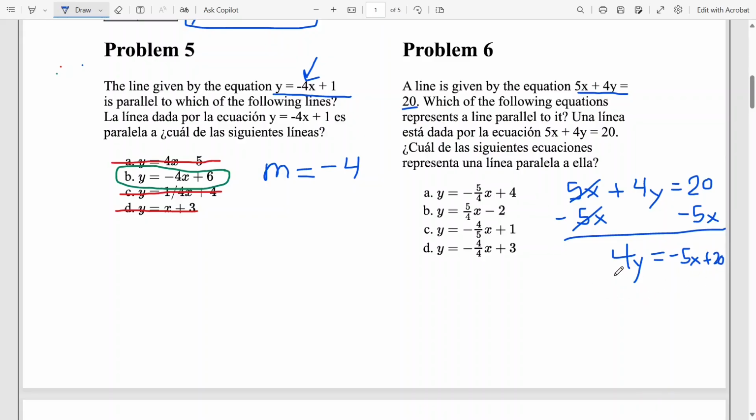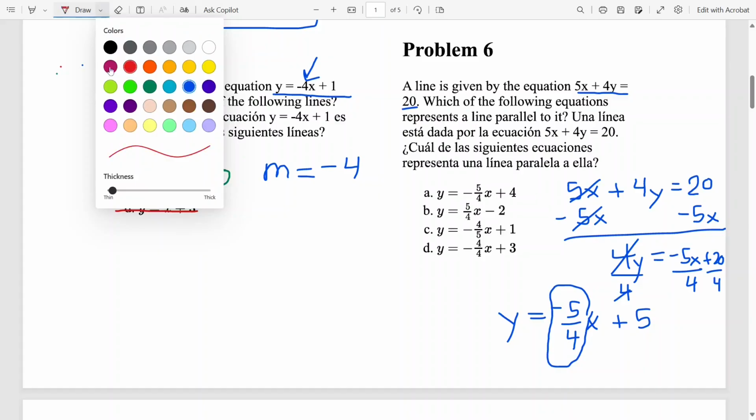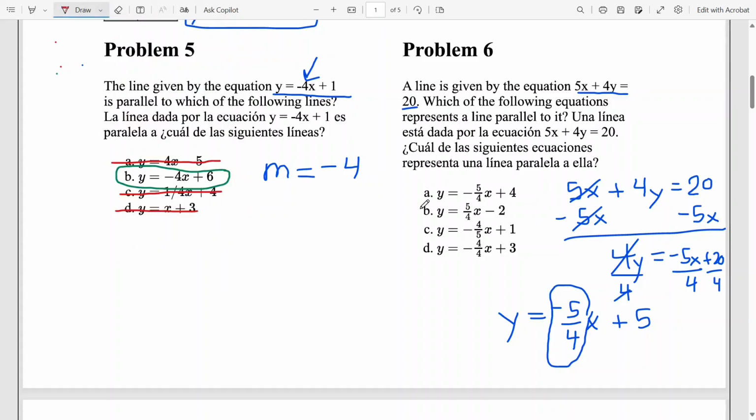Running out of room there. I'm going to divide everything by 4. And let me move this over so I get y equals negative 5/4 x plus 5. Now I want a line that has a slope of negative 5/4. So let's first cancel out the ones that aren't negative 5/4.